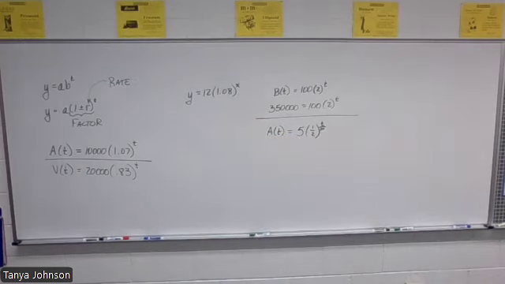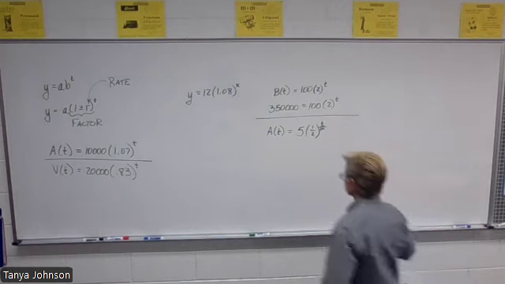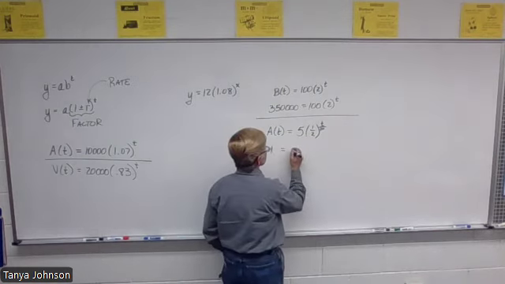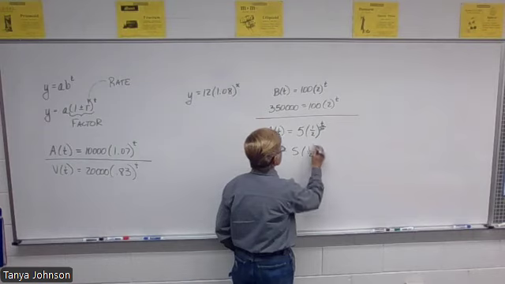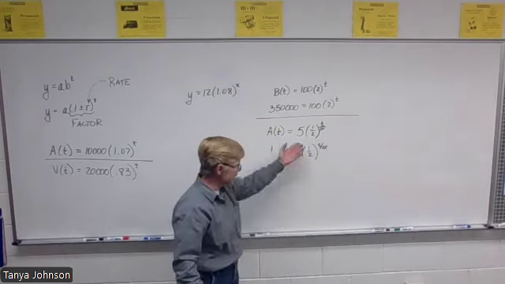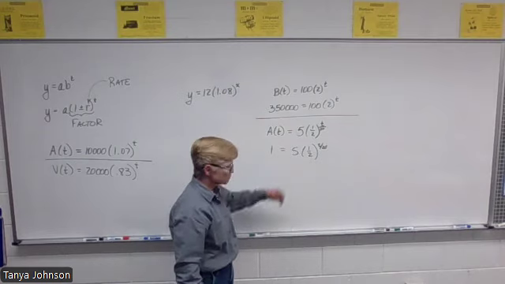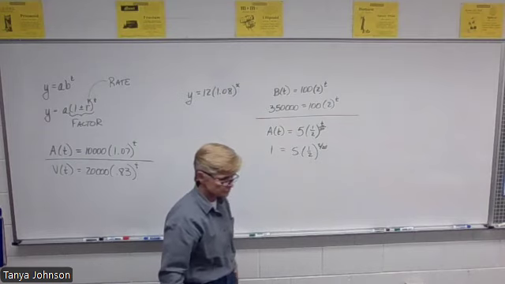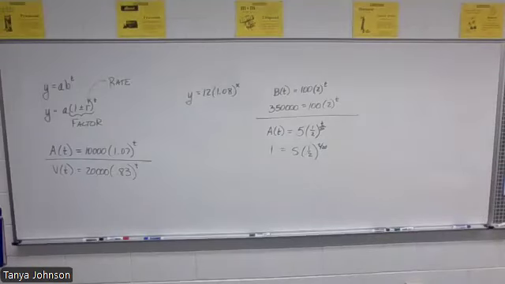Okay? So then, once we finally figure out that it's T over 20, they want us to figure out how long it's going to take for 1 gram to be left. You're stuck in the same boat you were up there. You have no idea how to get at that T. So don't. Solve it with your calculator and graph it.